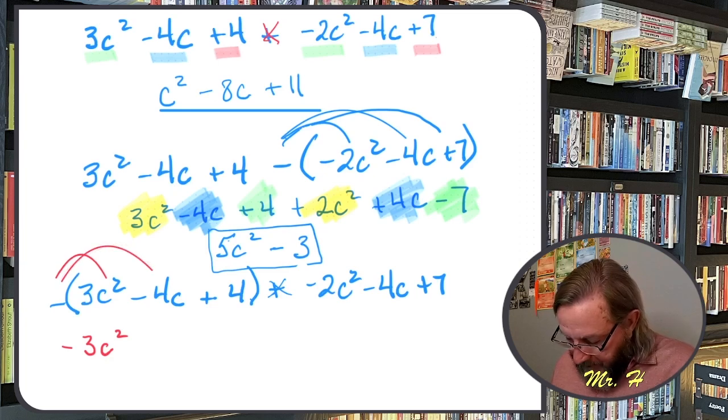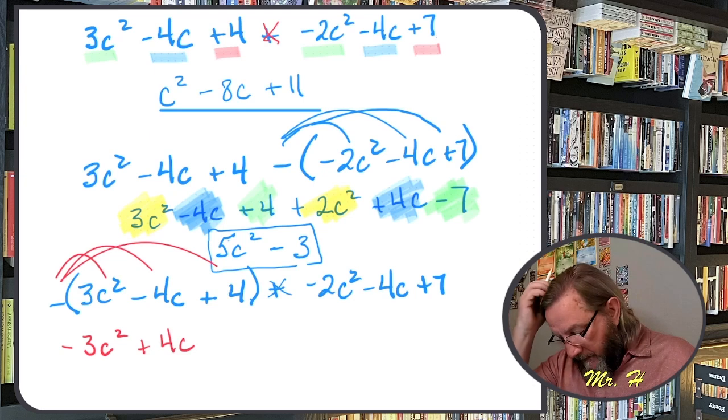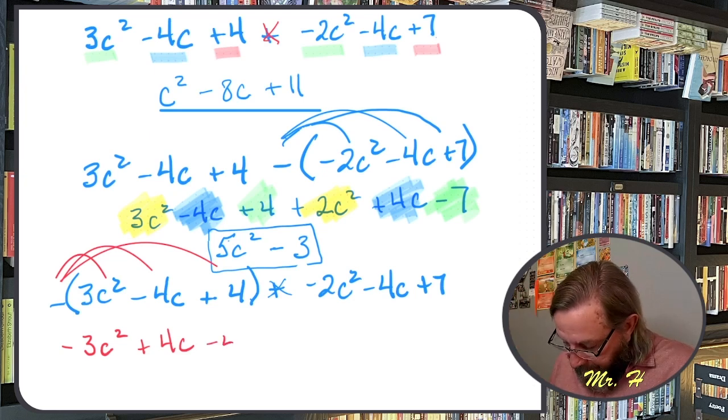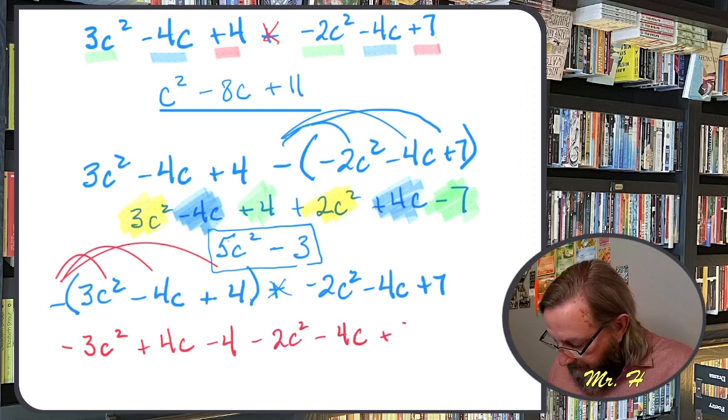That's going to be a positive 4c. And then we're going to take this negative 1 times the 4. And that's going to be a negative 4 right there. The next ones just came along for the ride. Negative 2c squared minus 4c plus 7.